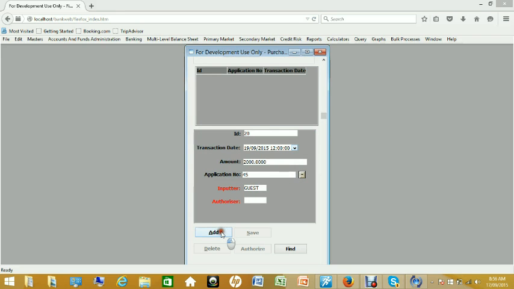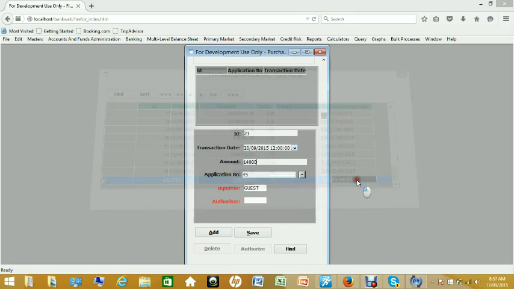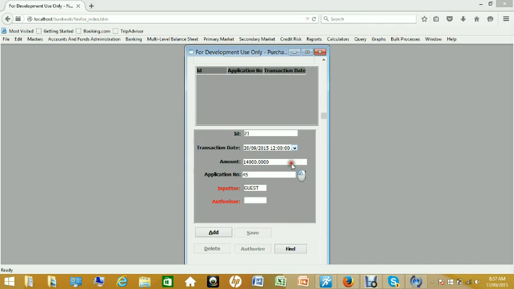So let's enter for 20th of September. Let's enter 14,000. Let's enter the application number. Let's save a transaction. Saved successfully.